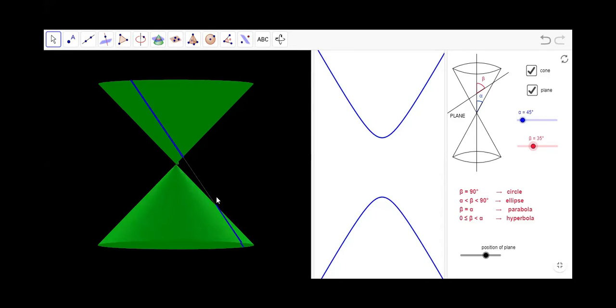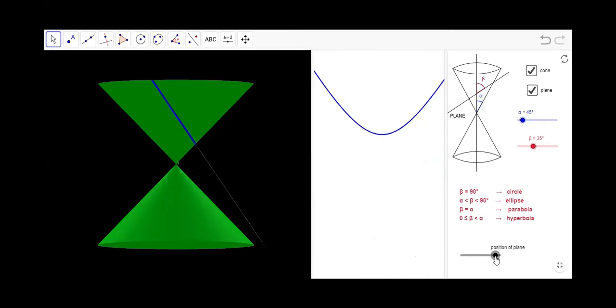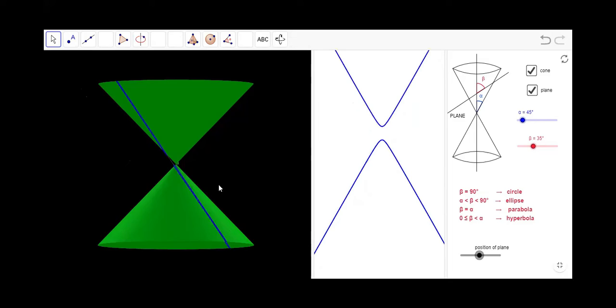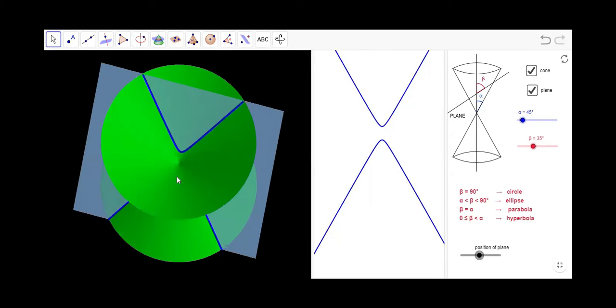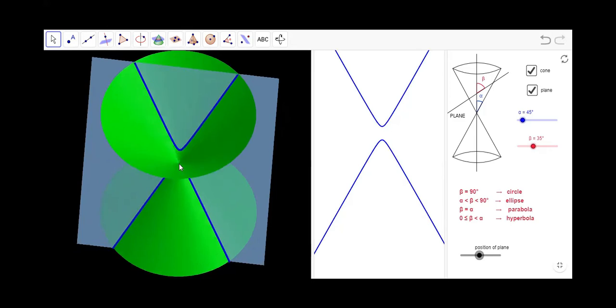Kapag yung mga cases na ganito kasi, hindi maiiwasan na mag-intersect yung plane doon sa dalawang cone mo. Okay? Doon sa dalawang nap na meron ka. Pag nag-intersect siya doon sa parehas, makakabuo ka ng tinatawag nating hyperbola. So, ganyan ang itsura niya.